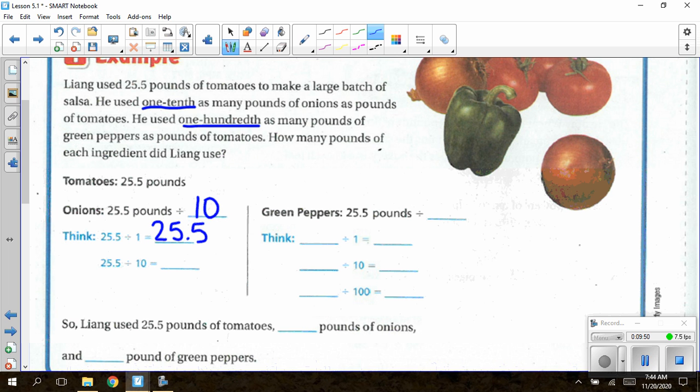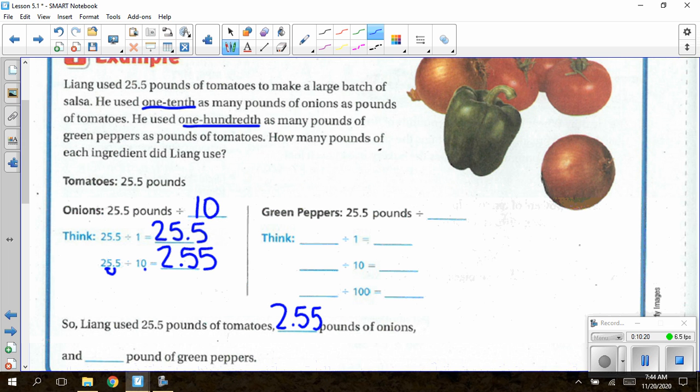And now any number divided by 10, my 10 is 1 0, so 1 swoop. And recall from the previous page, when you divide, you have to swoop to the left. So from my decimal, I'm going to swoop one place value to the left. So now I have 2 and 55 hundredths. So I know that Lang would use 2 and 55 hundredths pounds of onions.